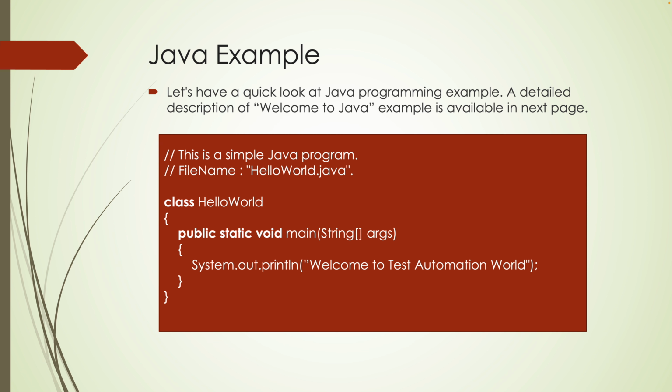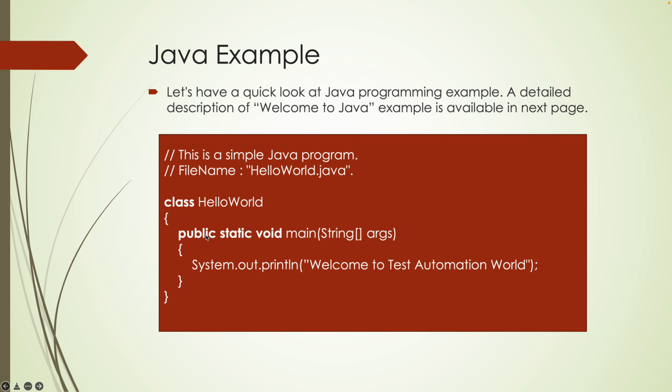So the second one is Java example. Let's have a quick look at a Java programming example. A detailed view of this example is available on the next page. I have created a basic example, that is class HelloWorld, and in this there are various parameters.